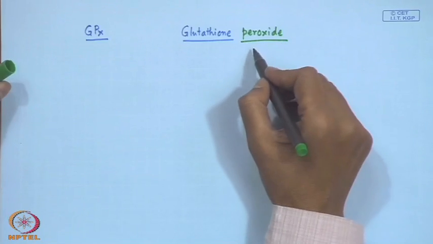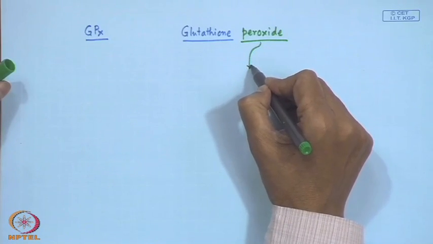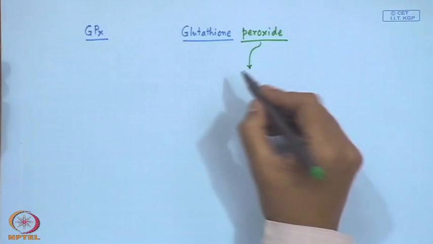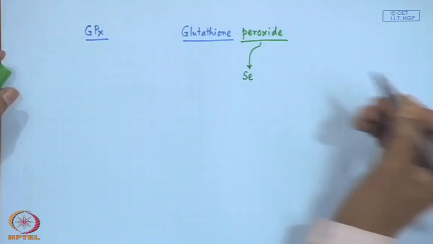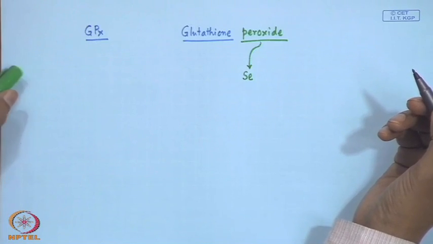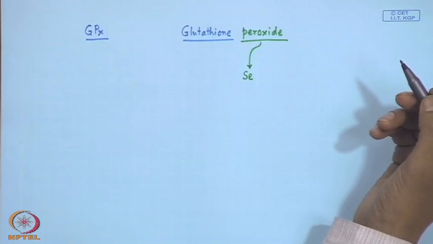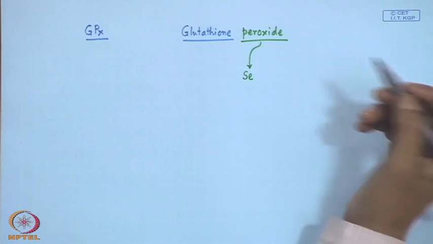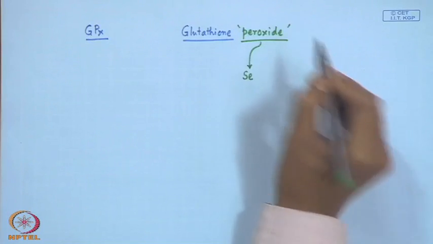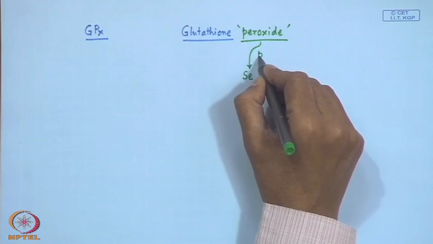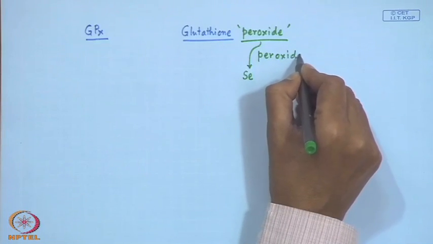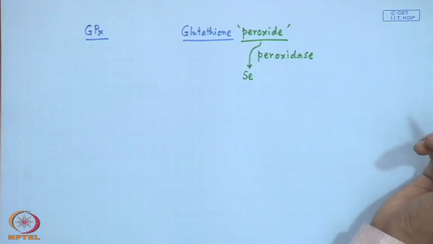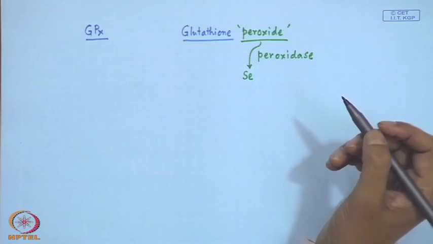Just as the deiodinase activity is dependent on the presence of selenium, the peroxidase activity also involves the selenium group. So, this GPX, glutathione peroxidase, is operating on peroxide. Its activity is the peroxidase activity, which is also bearing the selenium atom.